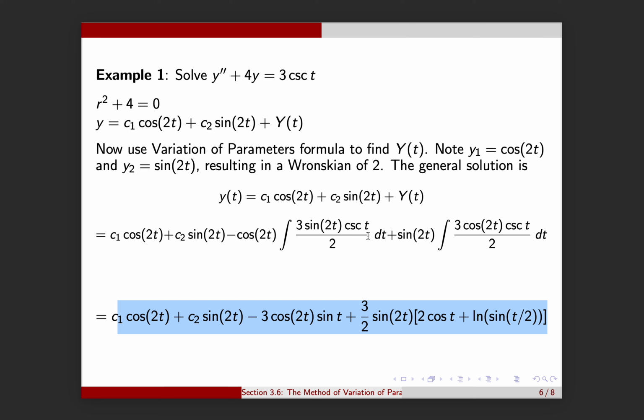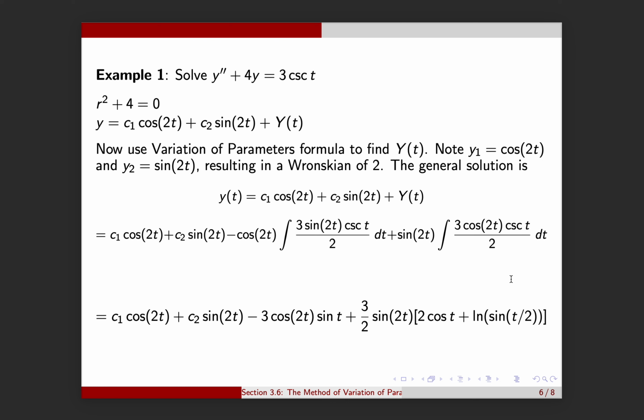As you might guess, it involves the double angle formula. So you unpack sine 2t, unpack cosine 2t, and it turns out this entire integral right here, this piece, is just 3 sine t. That's nice. This integral here, it turns out, is 3/2 and then this stuff. So not quite as nice.